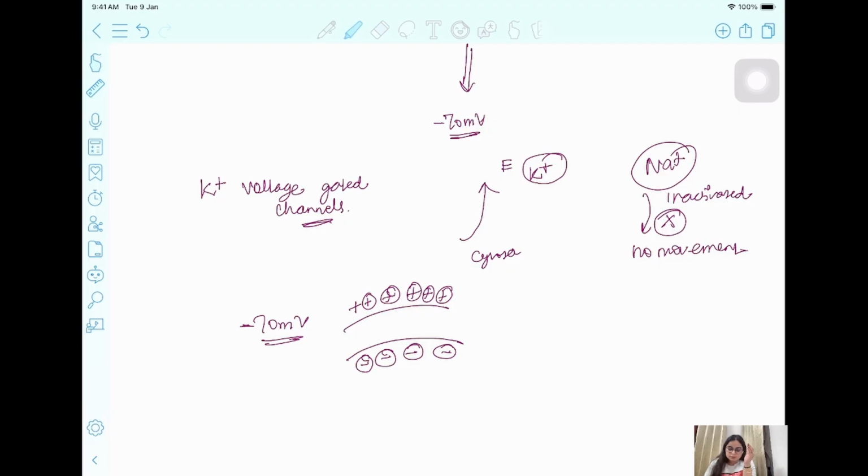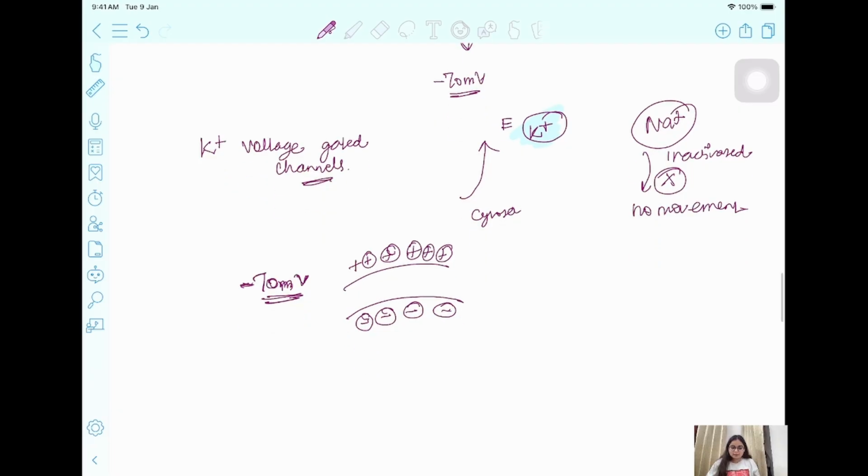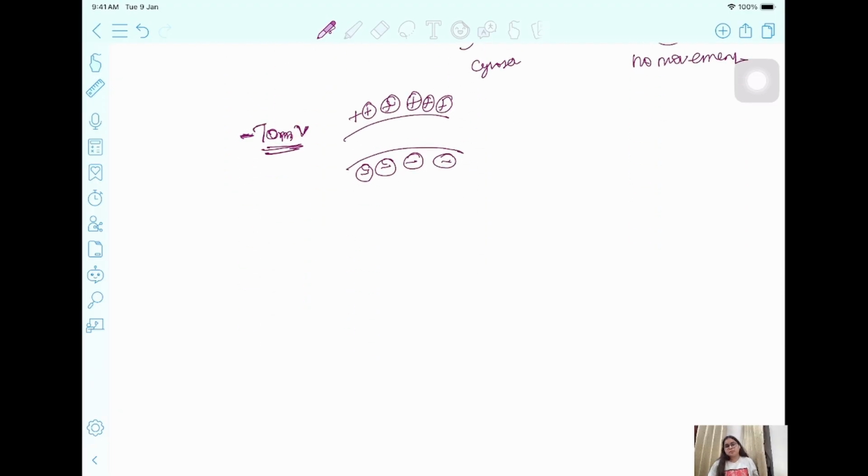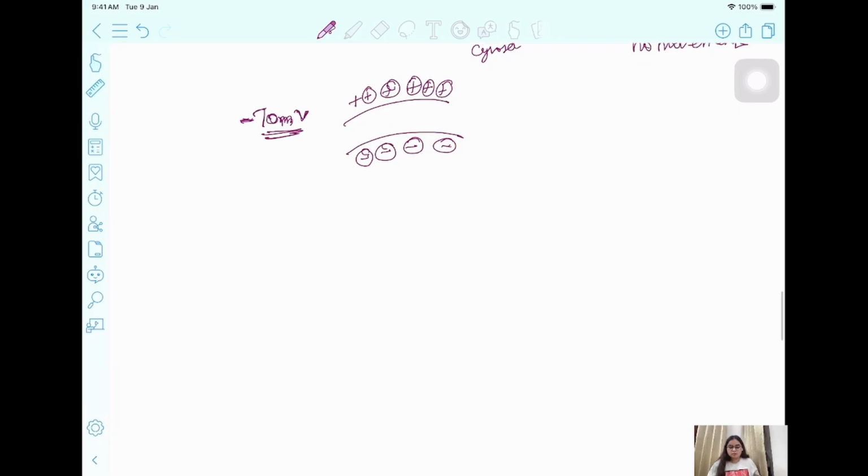Therefore, more positive charge is moving outside, which brings the membrane potential to minus 70 millivolts, and this is the repolarizing phase.